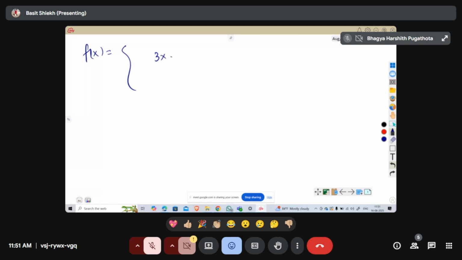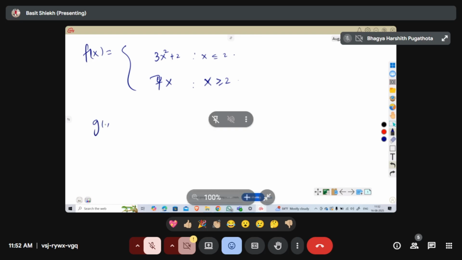We have 3x square plus 2 for x less than or equal to 2, and 7x for x greater than or equal to 2, and then g of x.